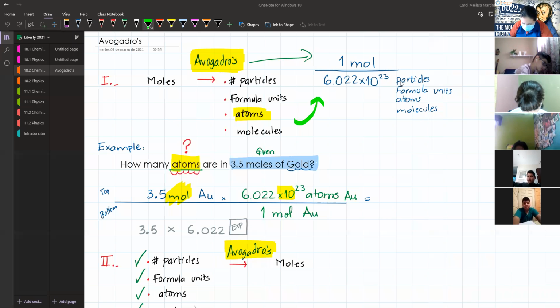So after pressing the EXP key or times 10 to the x, you're going to type the exponent 23. And because that's all the process that you have to do, press the equal key. How much do you get from that?